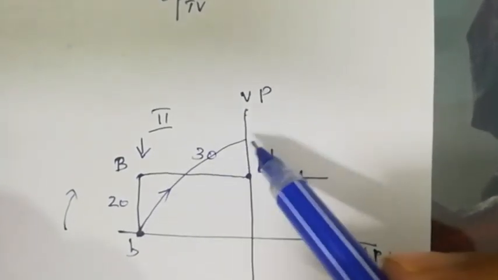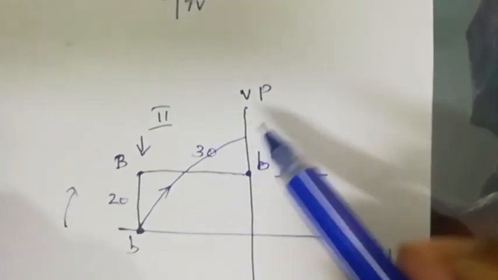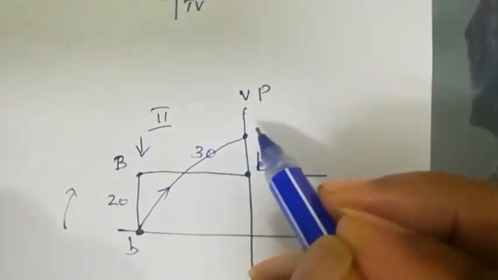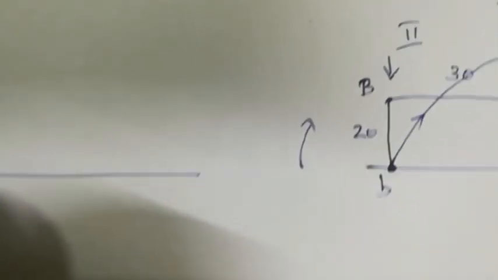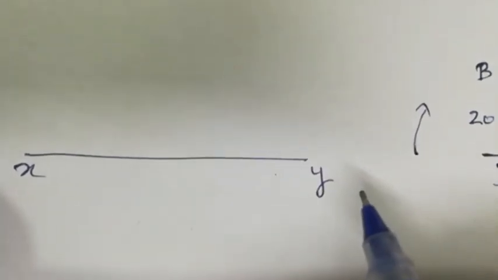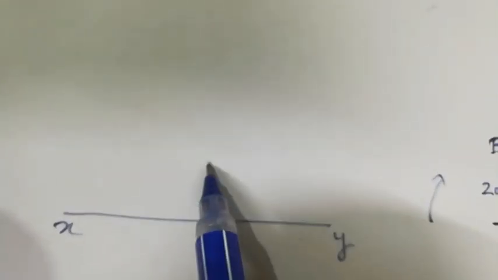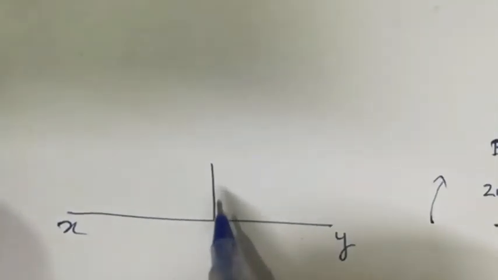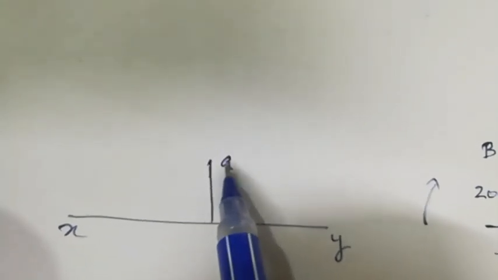When we rotate it in the upward direction, you will obtain the top view here. So if you redraw it neatly, this is the XY line as we saw earlier. This is the intersection of HP and VP, and the front view will be obtained 20 mm above, that is B dash.